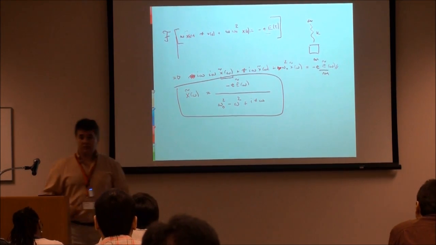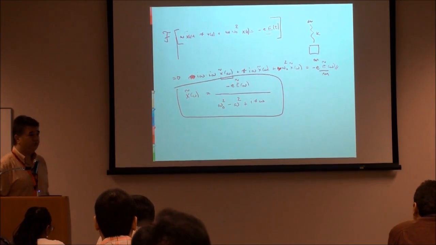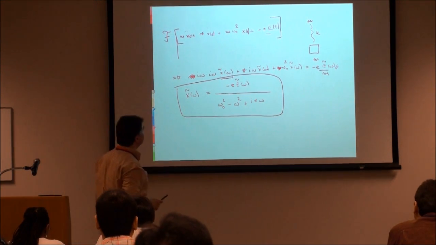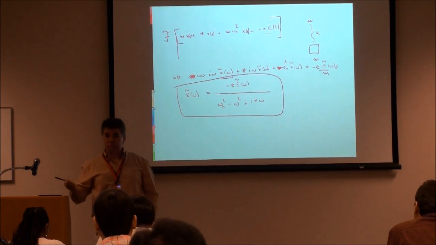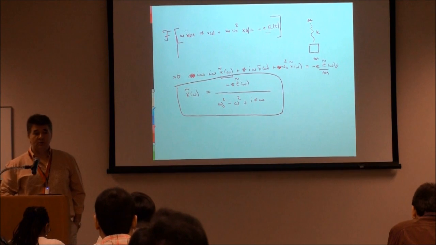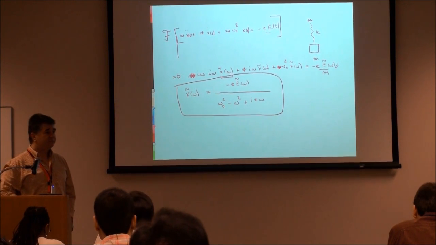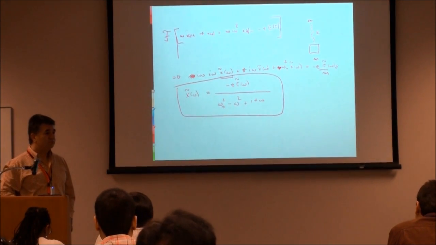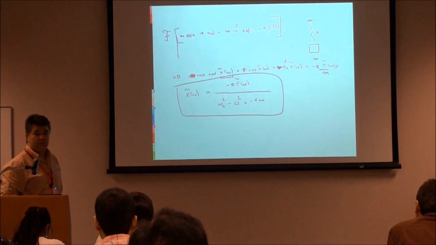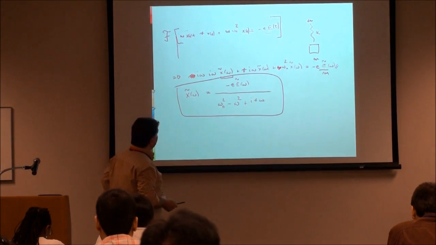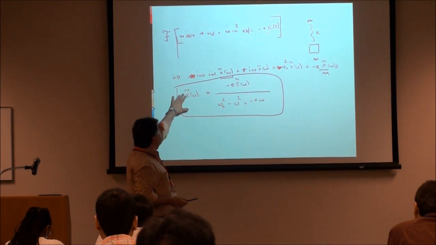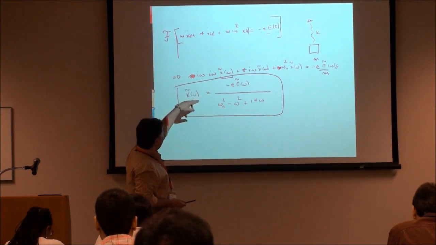So this is the fastest way I know how to solve that equation of motion in the frequency domain. I hope you appreciate this. All we did was to do it in the frequency domain.